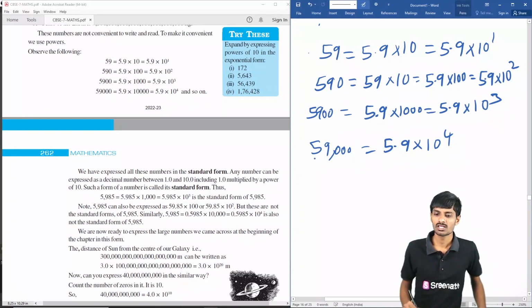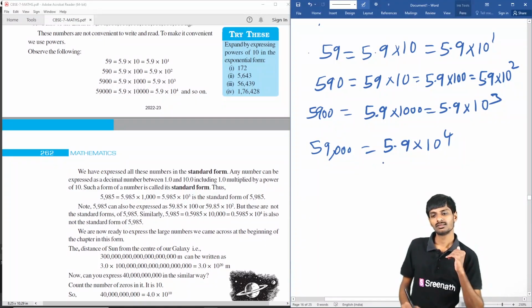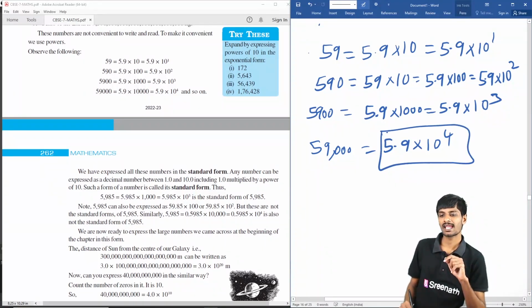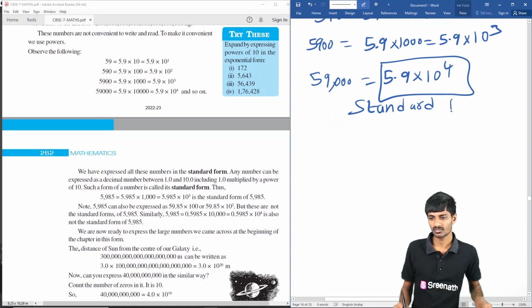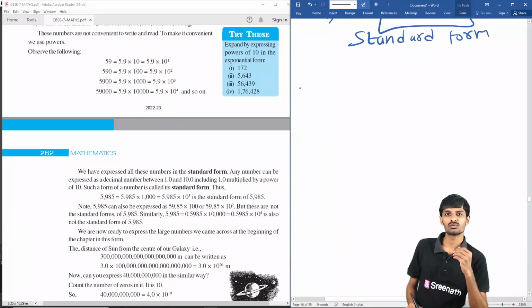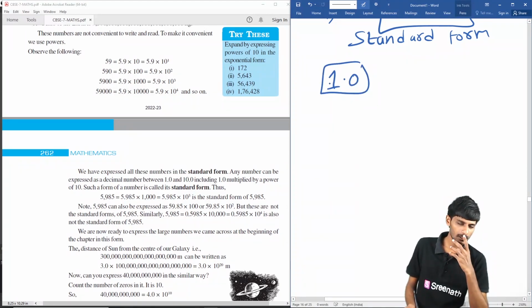Like that, friends. So here, this way of representation is called standard form. What is it? Standard form. Standard form means we have a decimal point after one digit.